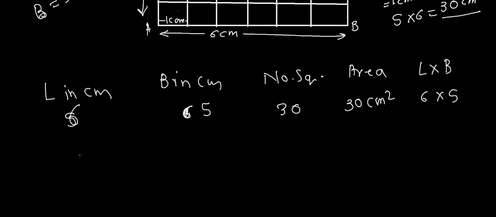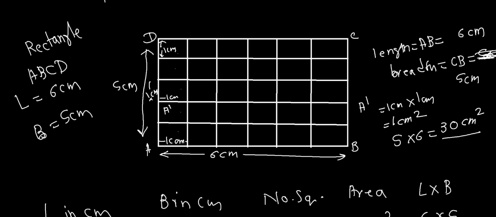So let's assume we have drawn a rectangle and counted the squares for length 8 and breadth 3. Based on that, we should get 24 squares, because we divide the length of 8 into 8 equal parts and the breadth of 3 into 3 equal parts, each part being 1 centimeter.